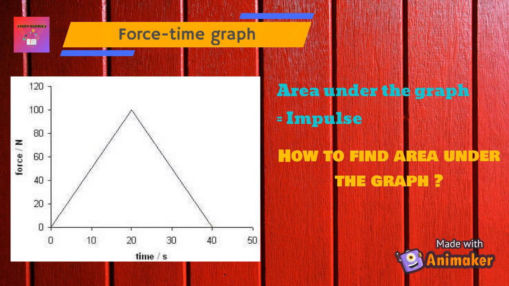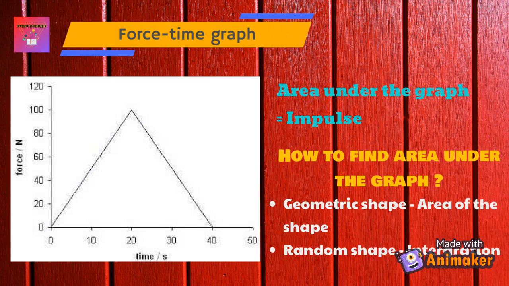Alright, if your graph has a geometric shape like a triangle, square, or a trapezium, then we can use the formula of each shape to find its area. But if the graph is in some random shape, then we can perform integration in order to find the area under the graph. To make you all understand this better, let's look at a sample question.